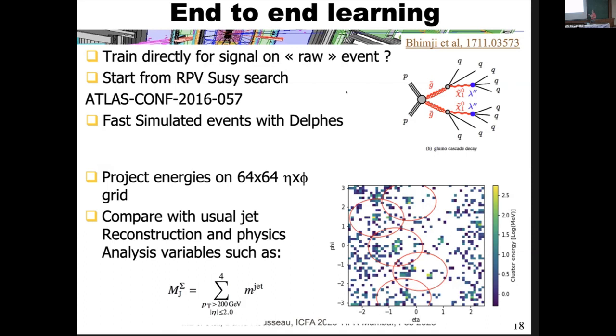So we feed directly a neural network with this, which is eta, the angle with respect to the beam axis, and phi, and this is one event, and then you try to have the network distinguish between the different classes, without informing the network that there are some jets, there are some objects which are electrons, etc.